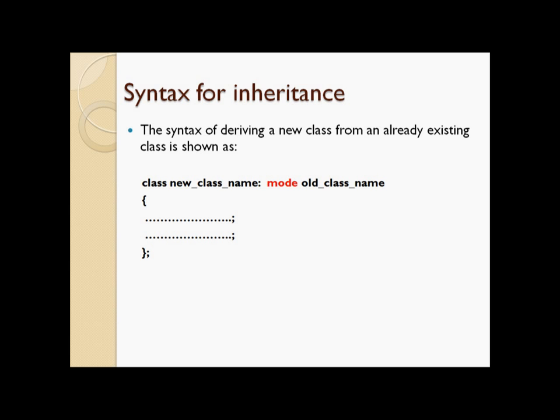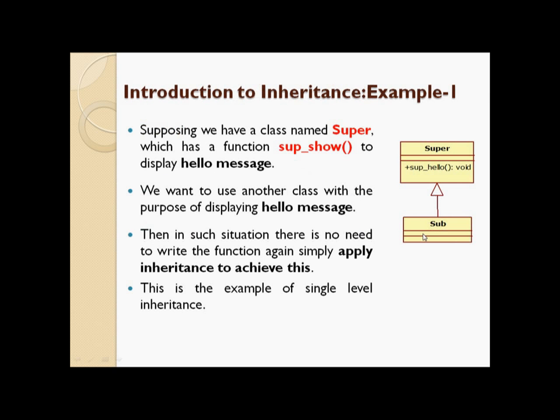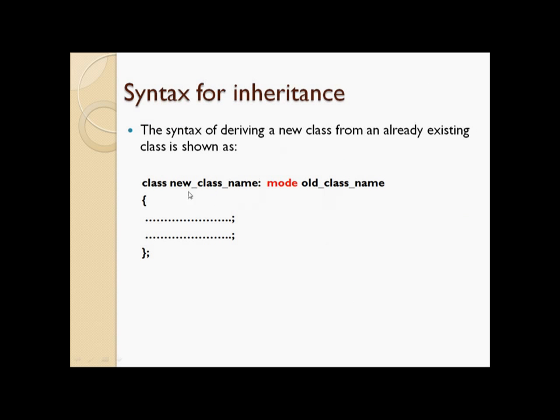Here I have given the standard syntax of writing the inheritance in the program. So if we want to derive a class from an already existing class, then we write the class, then the new class name, the class name which you want to create. For example, here we have a class sub, so sub will come there, and sub will come over here.